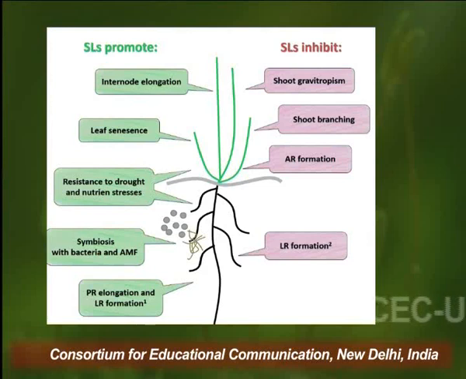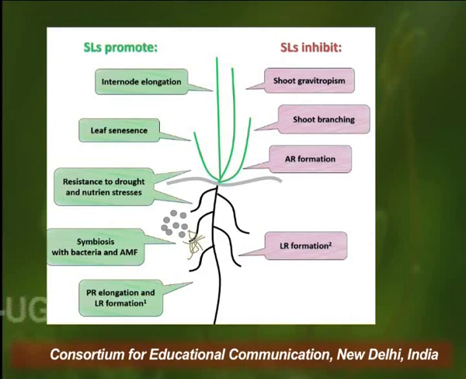in the plant. Now this lateral root formation is largely a concentration dependent effect. At optimum concentration, sometimes it promotes the lateral root formation, but if the concentration is not optimum, it inhibits the formation of lateral roots. On the other side, you will see that strigolactone promotes the elongation of internodes.